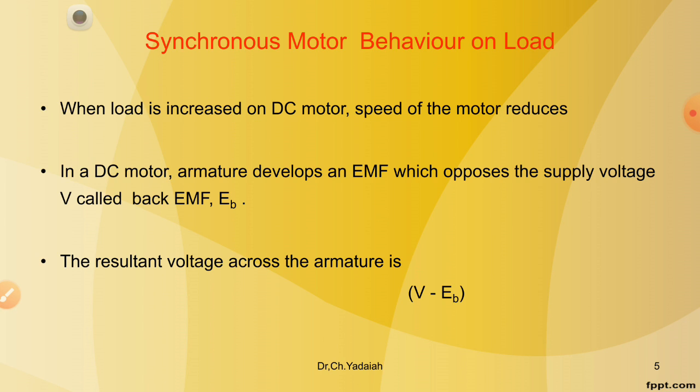So based on this, we are going to analyse. The resultant voltage across the terminal is equal to the applied voltage minus this generated voltage, which opposes the cause of its production as per Lenz's law. That is V minus Eb, the resultant voltage across the armature.